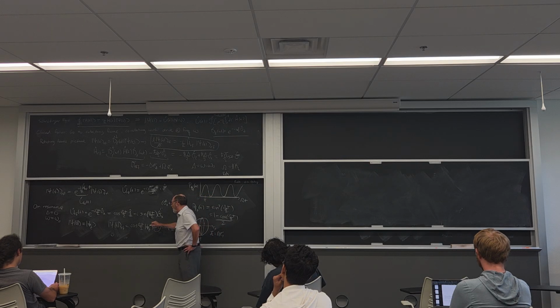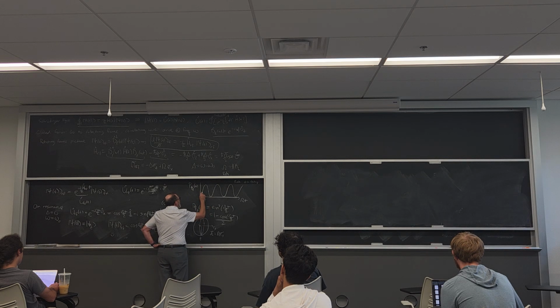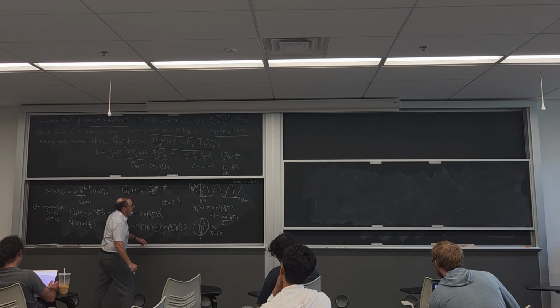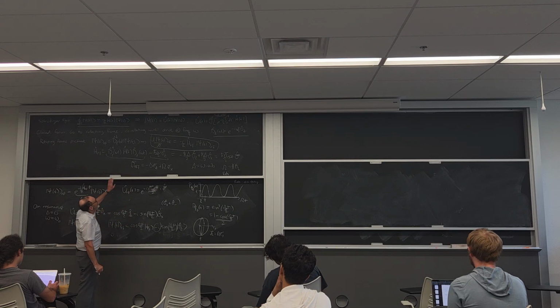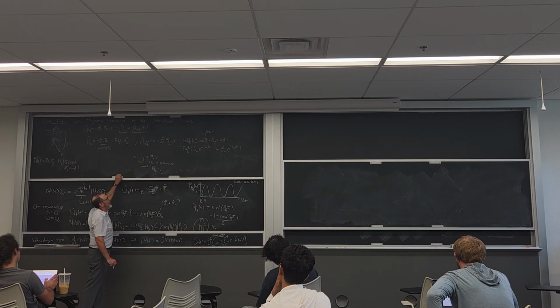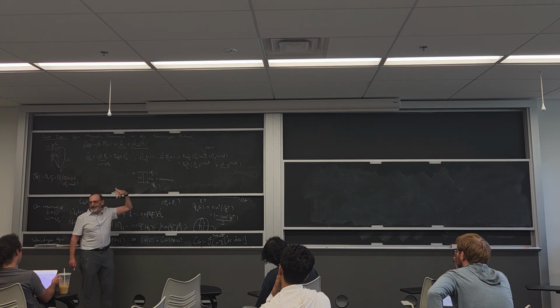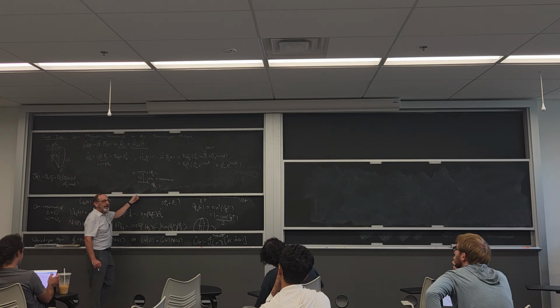Now, of course, we have this overall phase, but that doesn't affect the probability, okay? And that's, as we said, that's called a pi pulse. And that's the kind of picture we might think about when we think about absorption, when we say, oh, I started in the ground state and I need a quantum jump to the excited state. But that's really not the right picture you should have in your head associated with coherent dynamics.